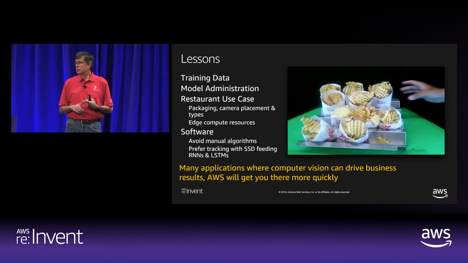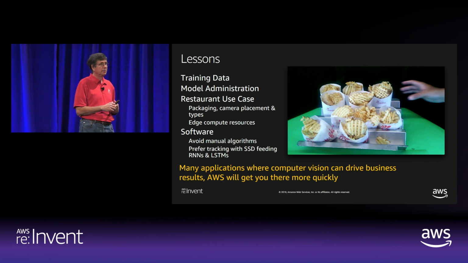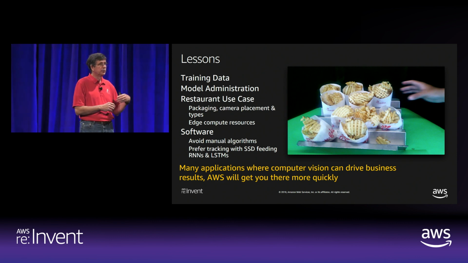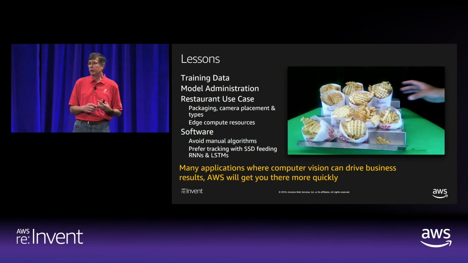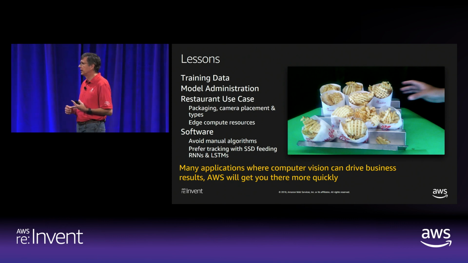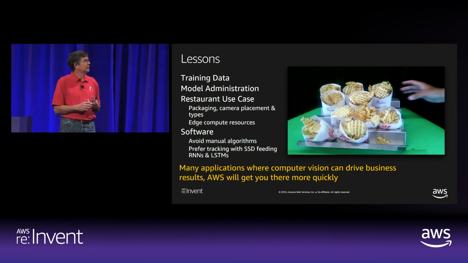First of all, training data was hugely important, and we spent the majority of our time on training data and model administration. So how are you going to take these models and deploy them across a chain of restaurants? That would be a challenge, but using Greengrass and using SageMaker certainly would make that possible. But again, that's where the majority of your time would be spent.